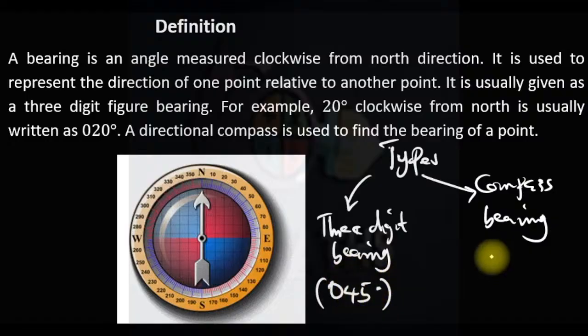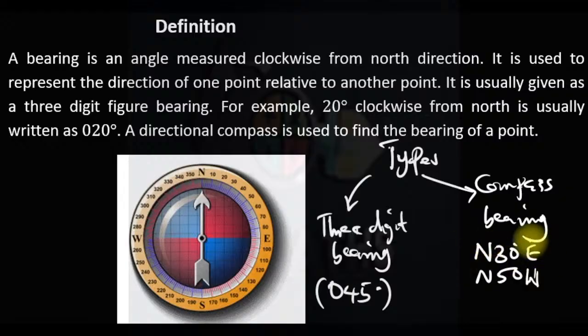But compass bearing, we have only 2 digits, but we start from either north or south and move east or west. So you always see something like north 30 degrees east, or north 50 degrees west. Do you see the difference?